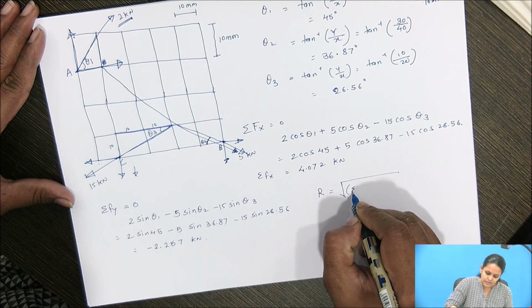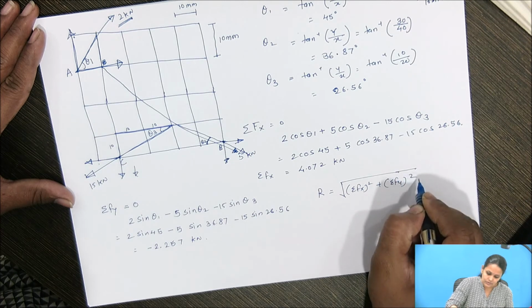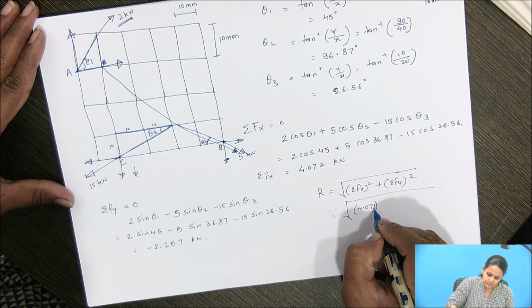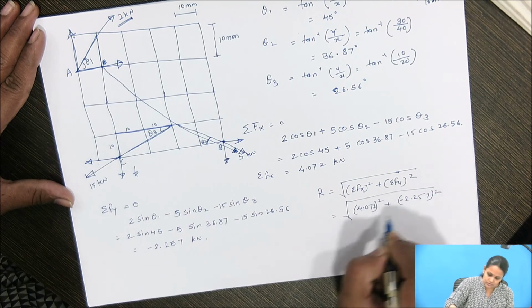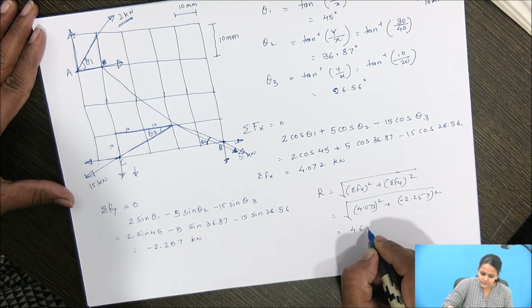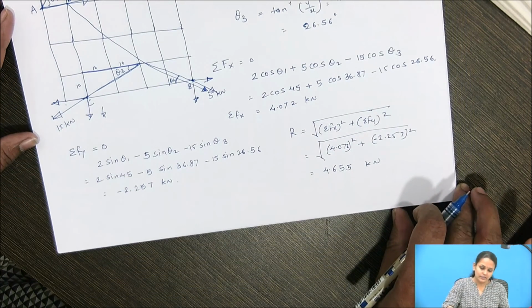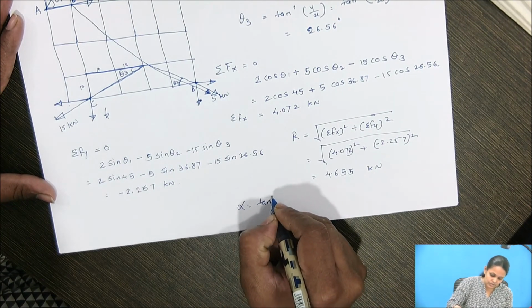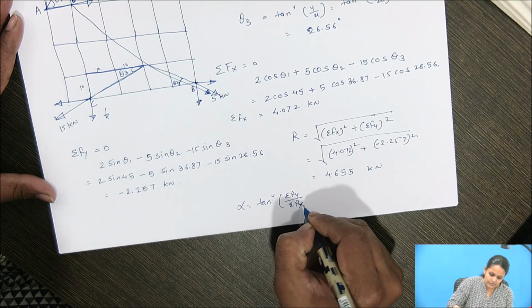Okay. Now we have to put these values in equation of resultant, that is R is equal to under root summation fx square plus summation fy square. So here you will get 4.072 square plus minus 2.257 square. So resultant will be 4.655 kilonewton. Okay, and then the direction of the resultant, which is nothing but alpha is equal to tan inverse of summation f of y by summation f of x.